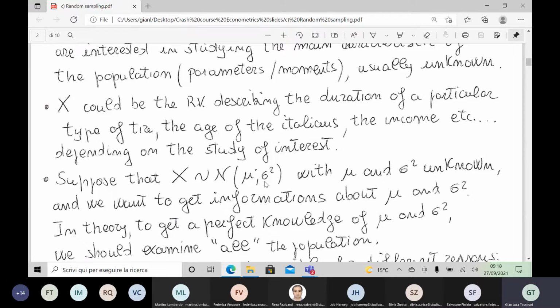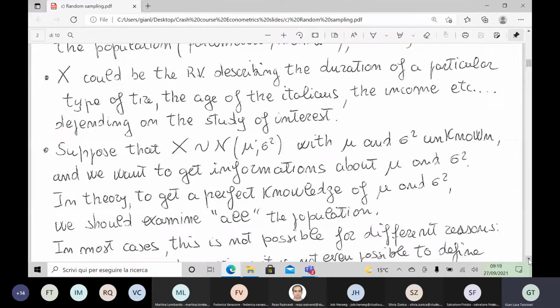For this reason, you have to use the information provided by one or more samples, and you have to use it in a consistent, theoretically founded way to get information about the population.